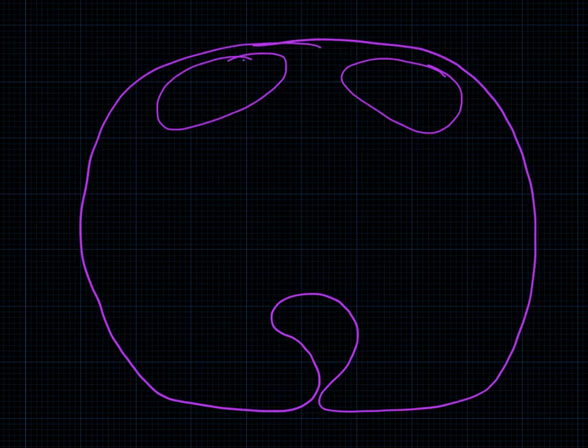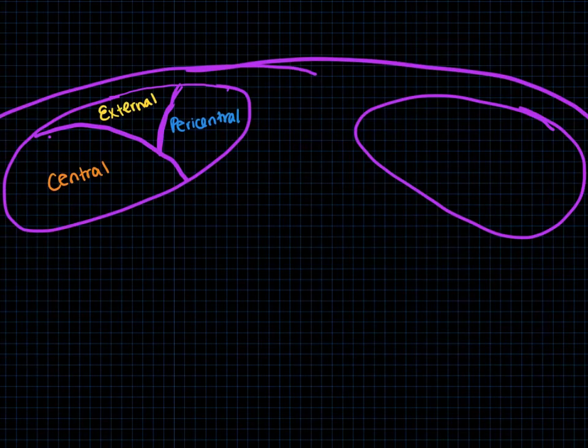Within the inferior colliculus are going to be three subnuclei. There's going to be a central nucleus, a pericentral nucleus, and an external nucleus. The central nucleus is going to be the main nucleus that receives that binaural auditory input via the fibers of the lateral lemniscus.